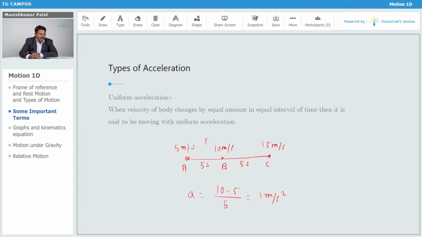For the second interval, the change in velocity is from 10 to 15, so 15 minus 10 upon 5, which is 5 upon 5, again 1 meter per second square. So the acceleration is the same in both cases. This is uniform acceleration, where the velocity changes by equal amounts in equal intervals of time.